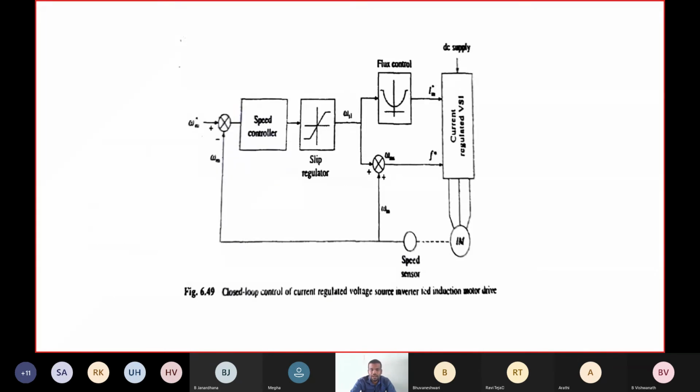This has a speed controller, a slip regulator, and a flux controller. Here we are not using any extra VSI or CSI. Those extra VSI would have a huge amount of leakage inductance and capacitors, so that is avoided here.